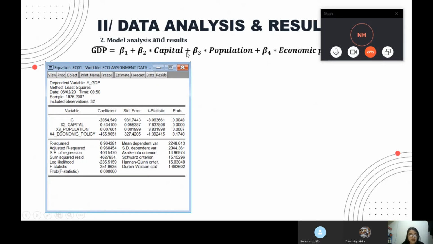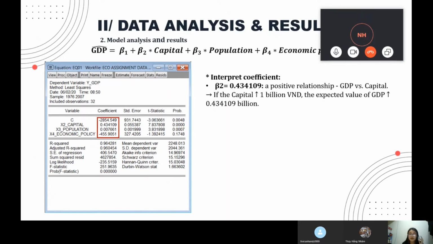This is the function, and we use the data to run it in EViews, and we have the coefficients to interpret. Firstly, beta 2 equals 0.434109. As you can see, it is a positive relationship between GDP and capital, and therefore if the capital increases by 1 billion Vietnam dong, the expected value of GDP will also increase by 0.434109 billion.